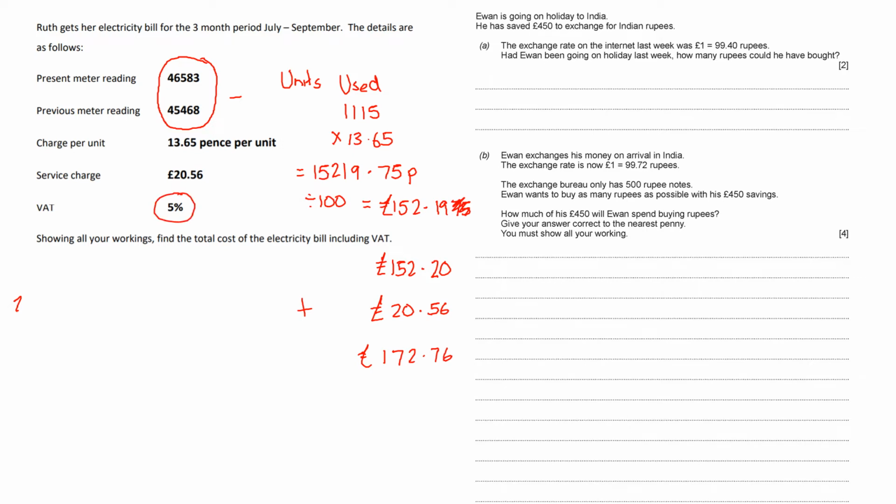Again, more percentage stuff. Two options: divide by 100 times by 5, or change it to a decimal, 0.05, and multiply by 0.05. That's option 2. I'm definitely going to need my calculator for that. 172.76 times 0.05 equals £8.64, and add the VAT onto your bill.